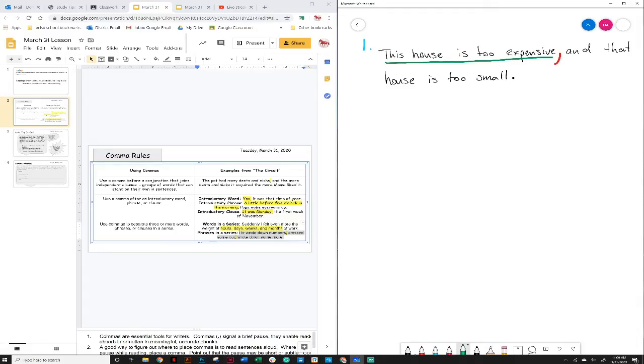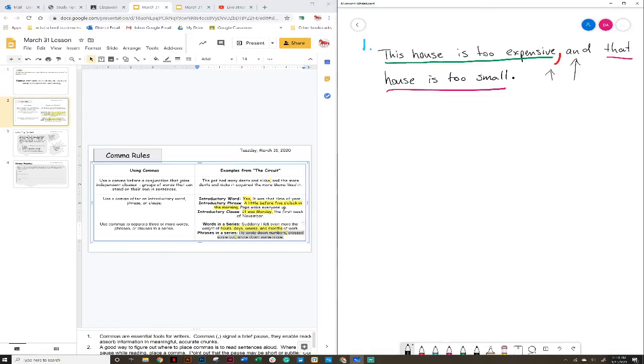So this house is too expensive and that house is too small. The two independent clauses. You notice how they're both combined using the comma and the coordinating conjunction and from FANBOYS.